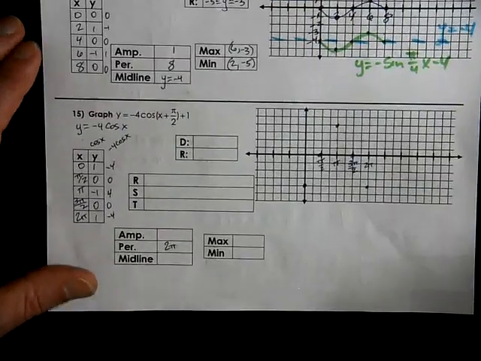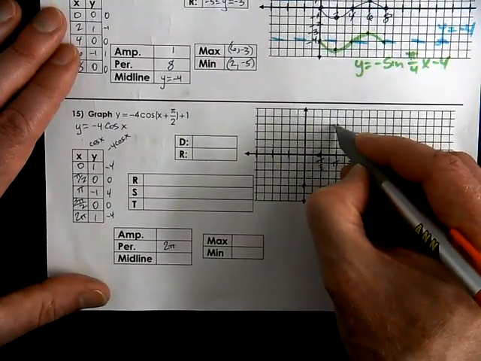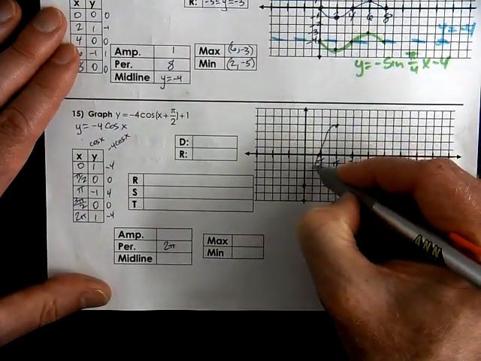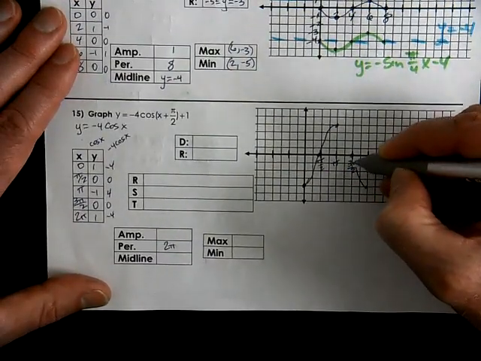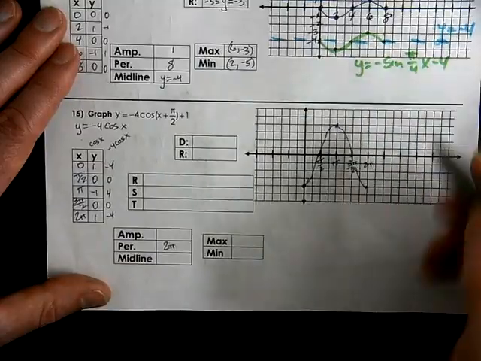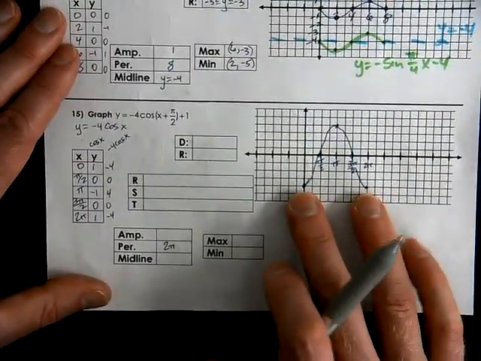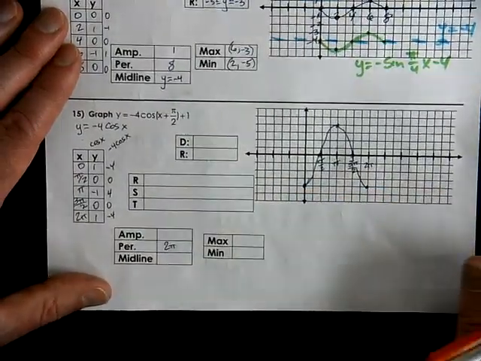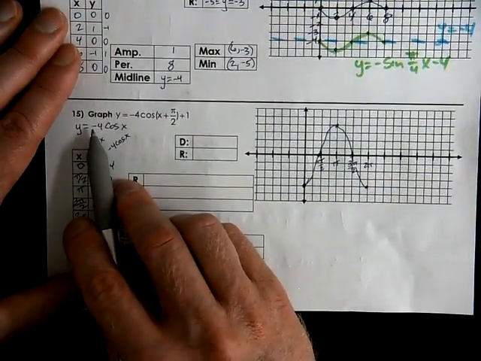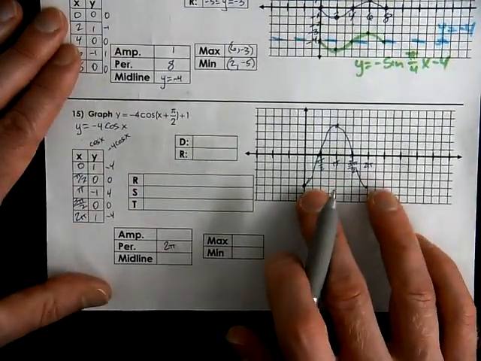Okay, so this is indicating that the cosine is upside down. This has 2 minimum points, not 2 maximum points in one cycle. So that's why it's negative, is because it has 2 minimum points.